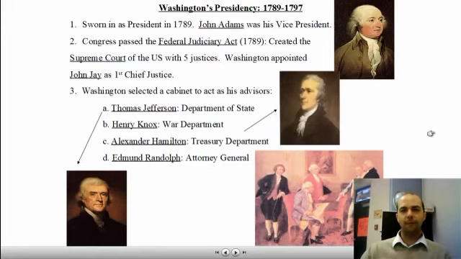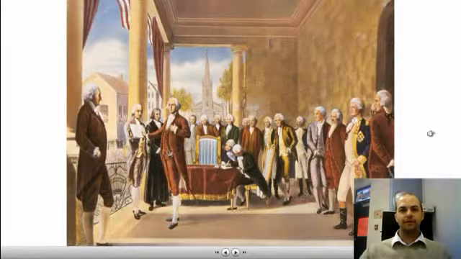These 4 men had been with Washington throughout his military years and his political years, and they would continue to be a great source of knowledge and advice for Washington. Here's George Washington being sworn in as our first president. He has his hand on a Bible, and he is saying his oath of office, which is spelled out in the United States Constitution, Article 2, Section, I believe, 4.